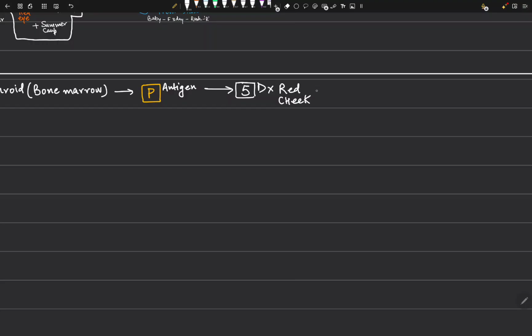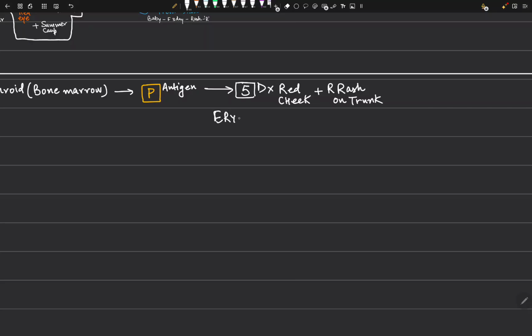Reticular means net-like. So we have a rash on the trunk. That's the presentation. We call fifth disease erythema infectiosum.